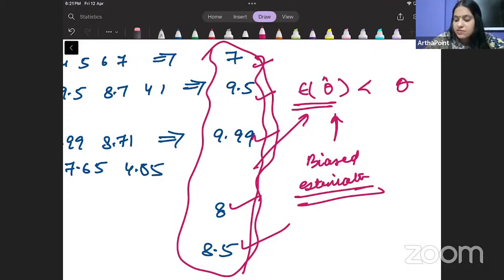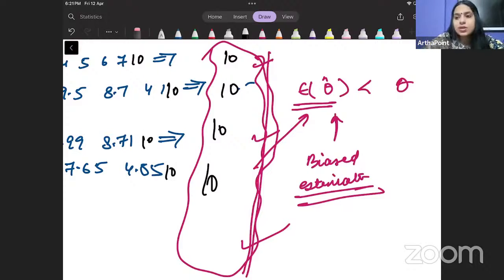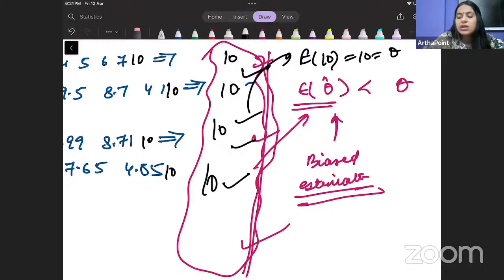Isn't it? It is giving me a biased estimator. It will be unbiased only when I find, in each of these 5 samples, that the maximum value is 10, meaning by luck 10 is included in every sample. Then if I take the mean of all the 10s, I will get the expected value as 10, and then it will be equal to theta. But that will not always happen, right? That cannot happen always.